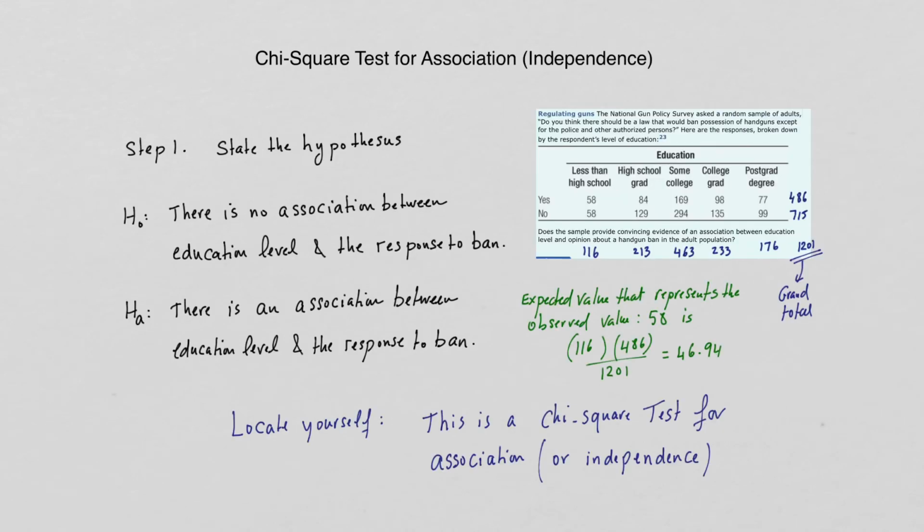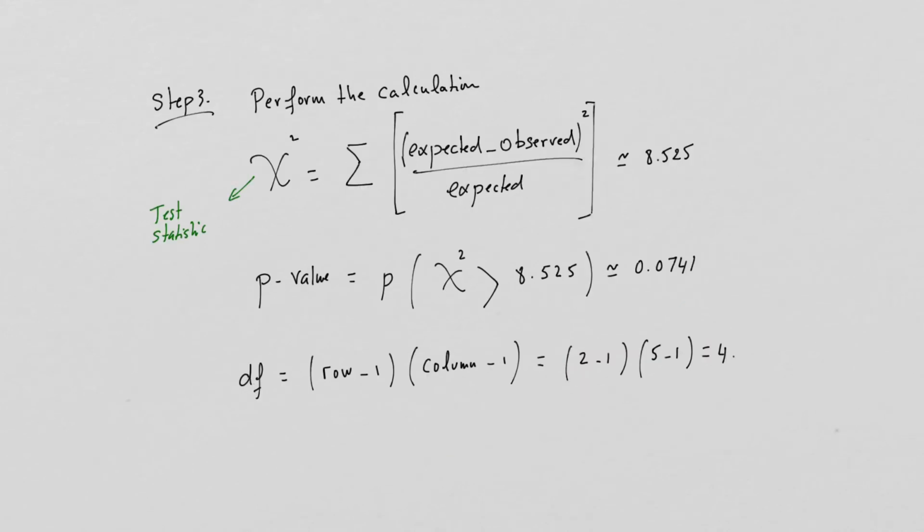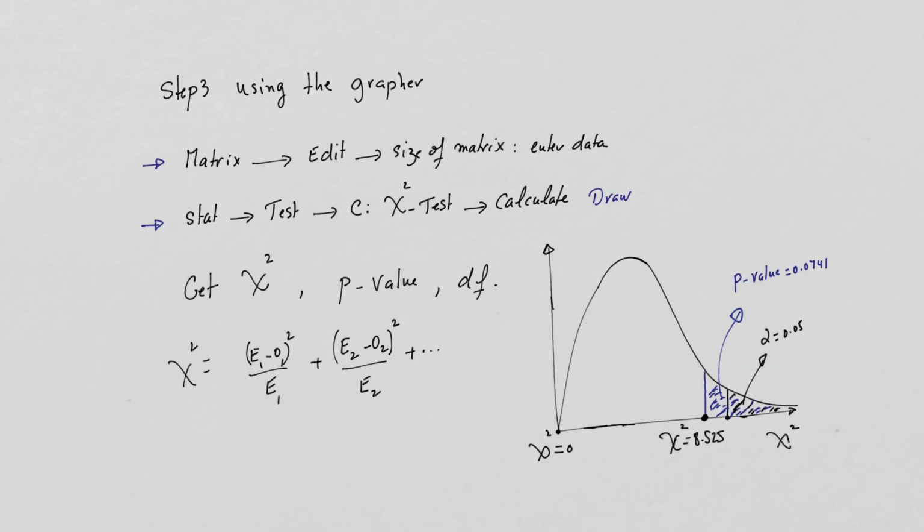That means if the observed value of kids without high school diploma who said yes, 58 of them said yes, and the expected value is also 58, what you observe is what you expect. That means there is no association. Does that make sense? In other words, the closer you are to this location, the more likely you are not going to reject H null. You're going to stick with it, right?